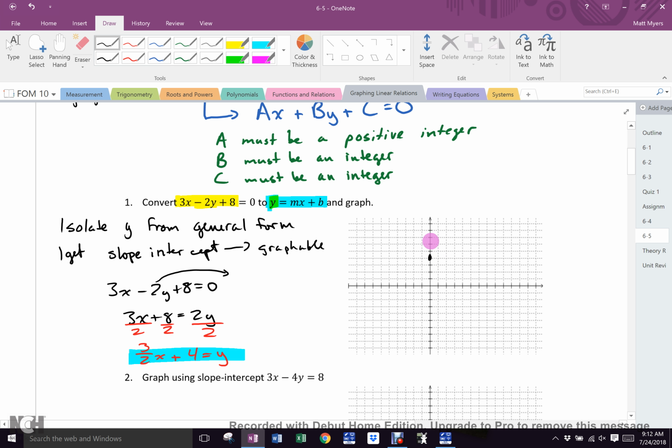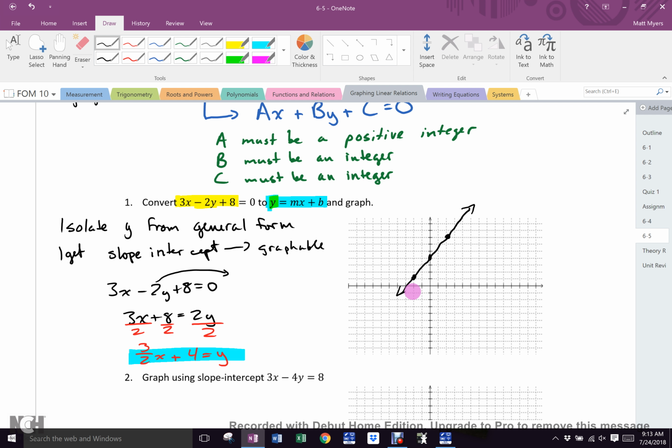Up 3, 1, 2, 3, and over. What does over mean? Right, 1, 2. And then just to be safe, I would go down 1, 2, 3, and left 1, 2. And that would allow me to graph that line without actually doing a table of values. Is everybody cool?